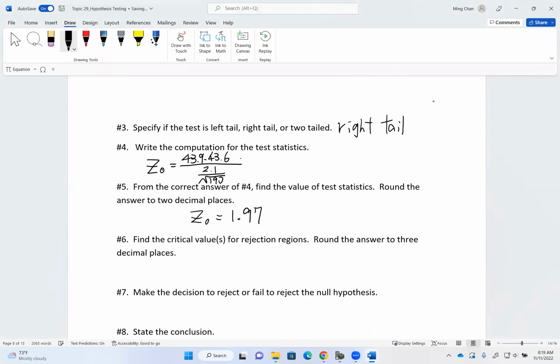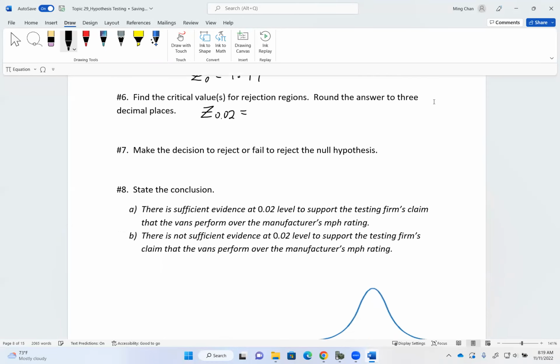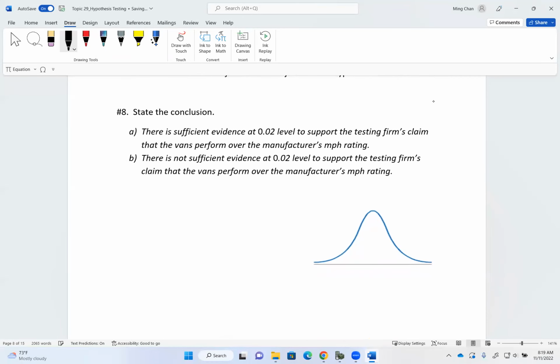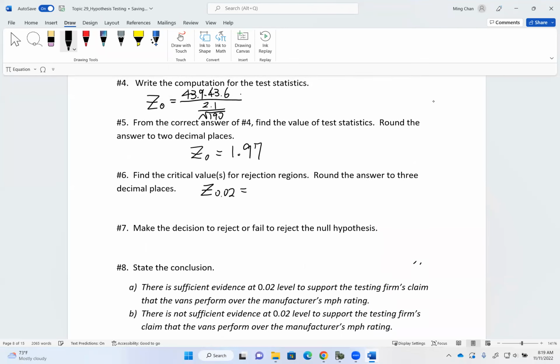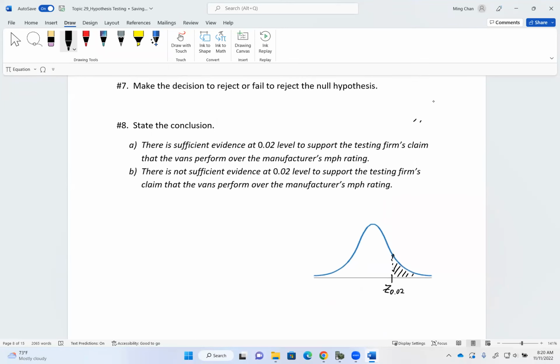All right, the critical value for the rejection region. So my critical value, z alpha, where alpha is 0.02. Since this is a right tail test, once I find my critical value, I will know where my test statistic will fall. So 0.02 is the area to the right.